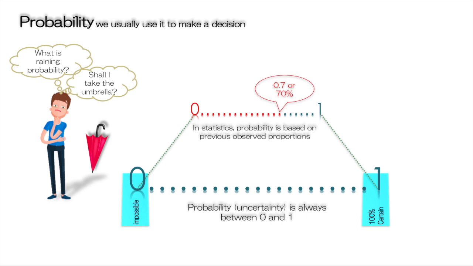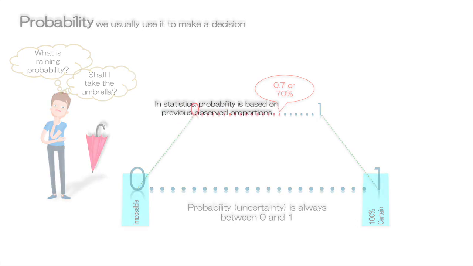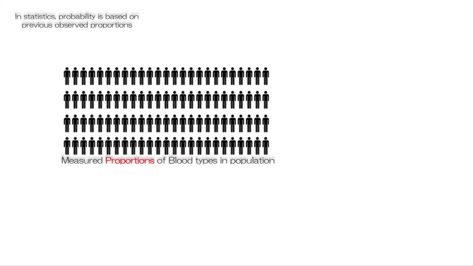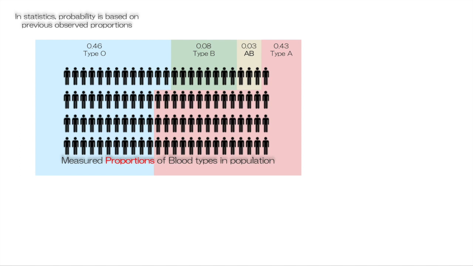For example, if we measure the proportion of the blood types in a population, we can use it as a probability distribution.